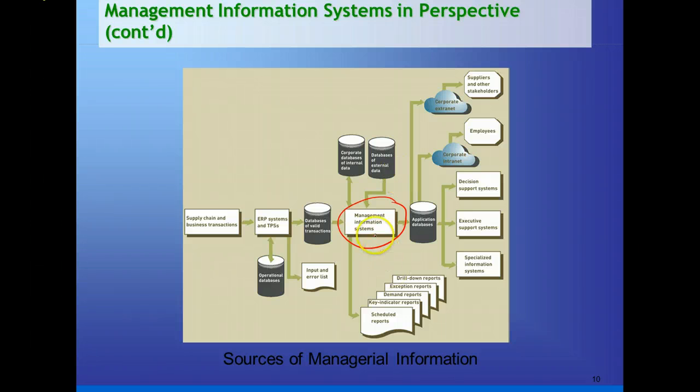All right, and you see what the management information system outputs. It outputs a set of reports: scheduled reports, key indicator reports, demand reports, exception reports, and drill down reports. Next we go on to application databases, where it helps support decision support systems, executive support systems, and specialized information systems.